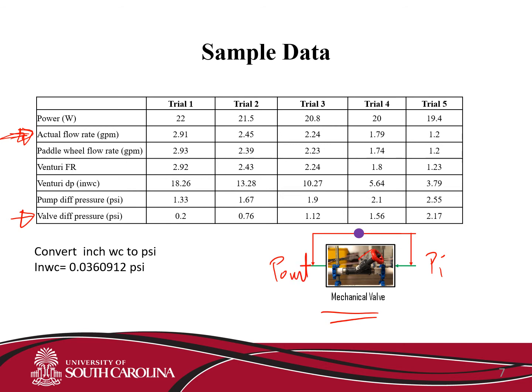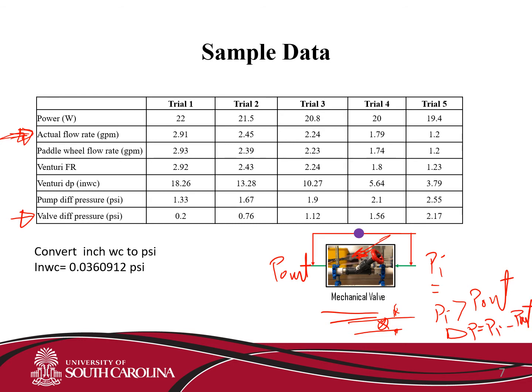When we change the position of this valve and reduce the diameter, it increases the P in. So P in is always more than P out. It means dP equals P in minus P out.